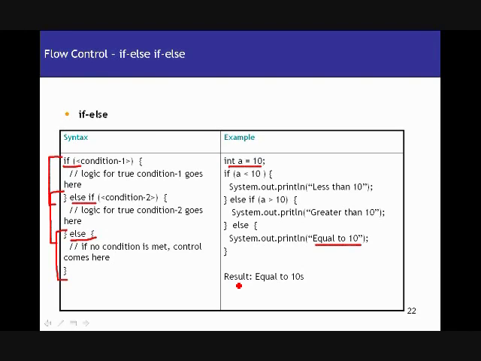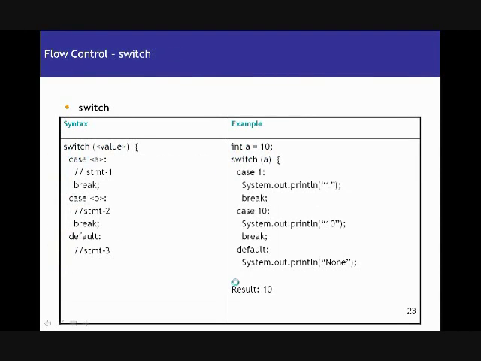Alright, now switch. So basically switch is somewhat similar to the if statement, right? You give a value in the switch statement, and what you have in case is basically a list of potential results to the value, right?